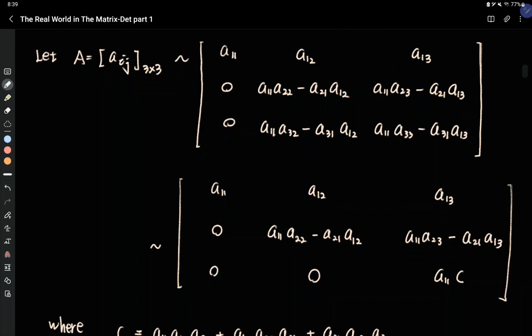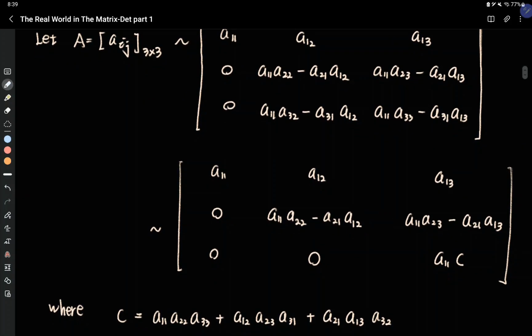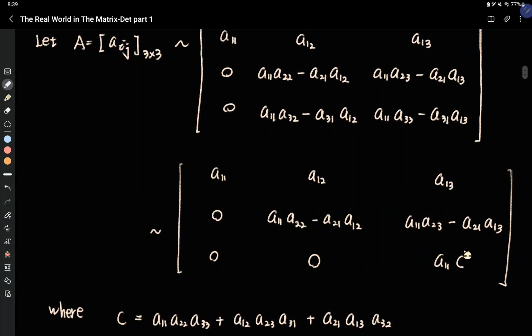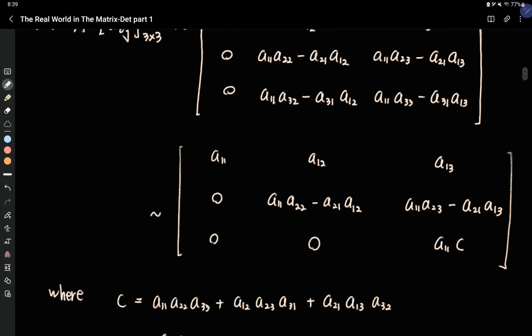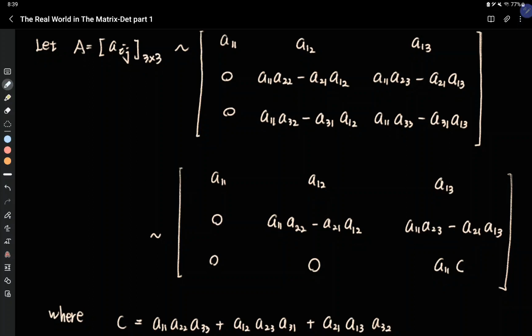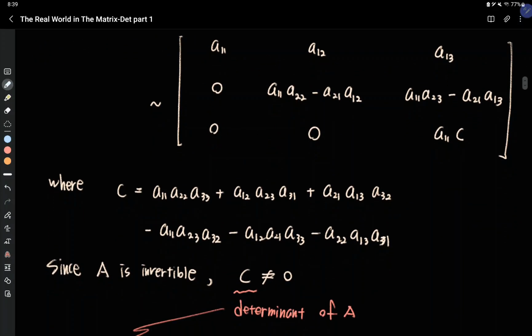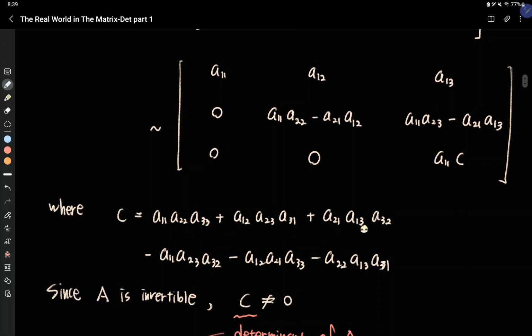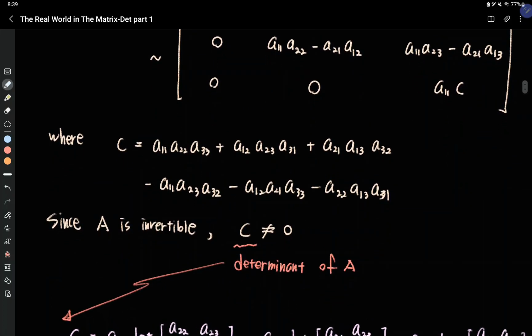Now see the diagonal entry in the third row, third column, call it C. If C equals 0, then matrix A has only two pivots, which means that A will not have an inverse matrix. But that's a contradiction because we assumed that A is invertible. So C is not equal to 0.